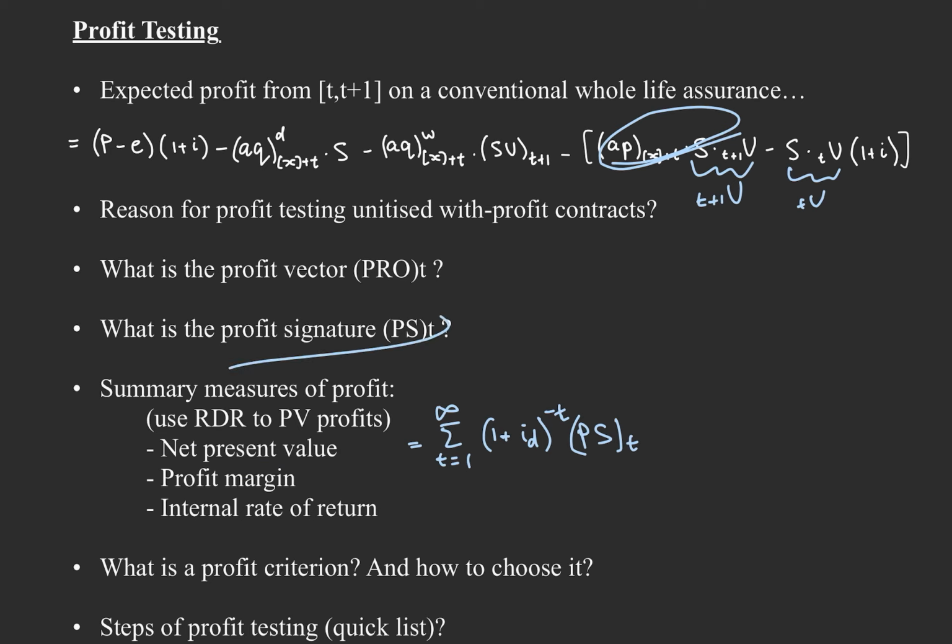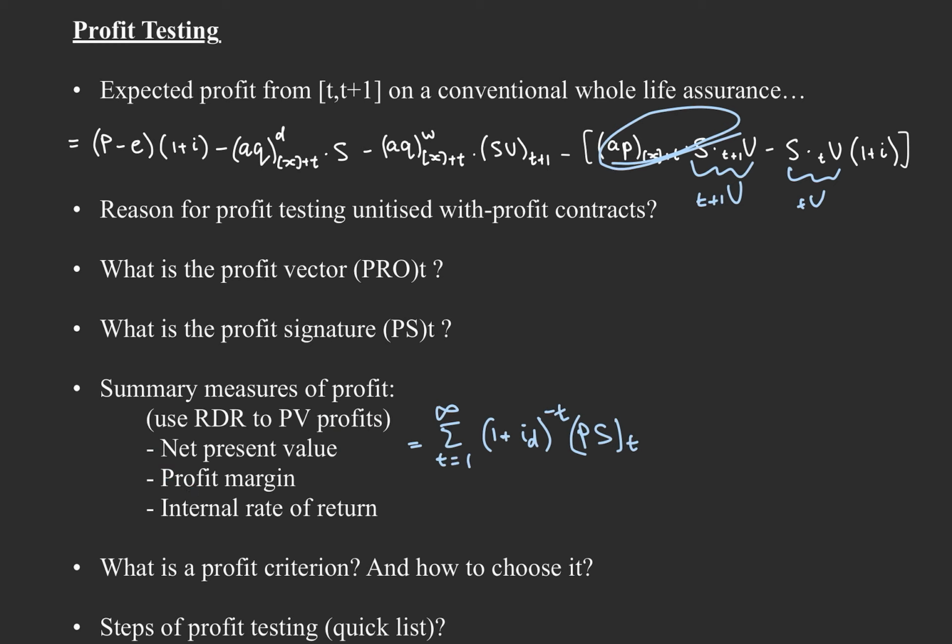Okay, and then the net present value serves as a summary measure for our profit overall. Now, profit signature and profit vector aren't necessarily all that helpful because we have a vector of values, and so it's difficult to interpret as it is. So we convert it into this net present value, which is one summary number of the profit. Then another measure is the profit margin.